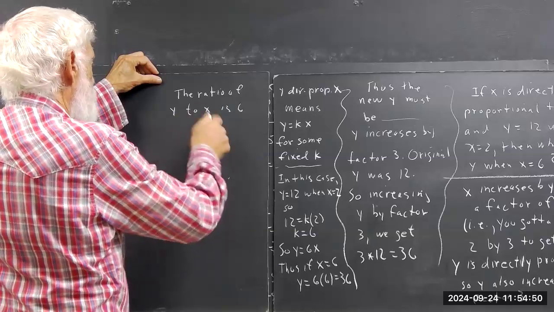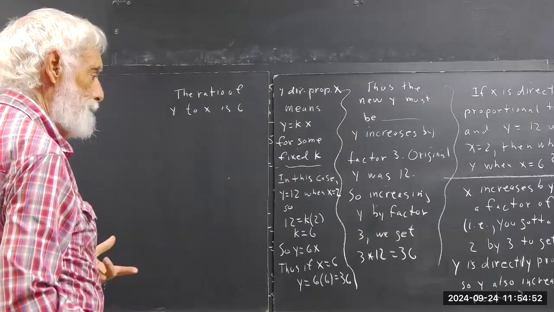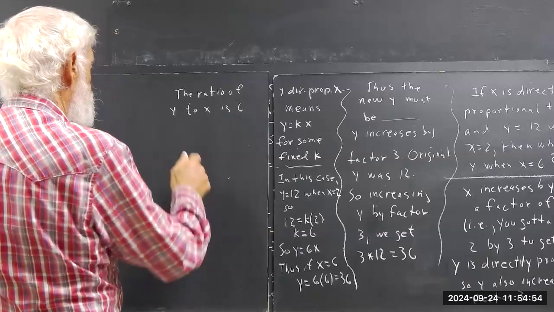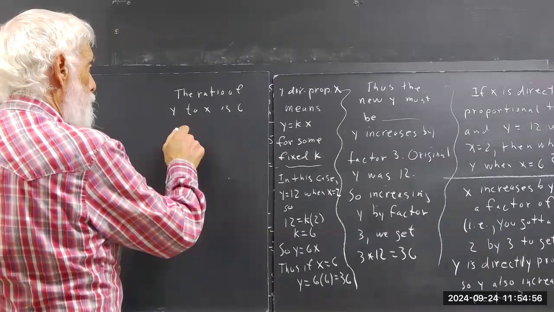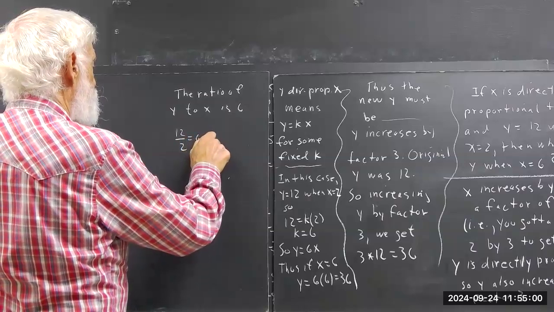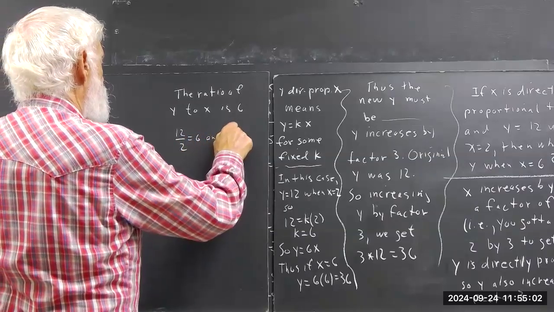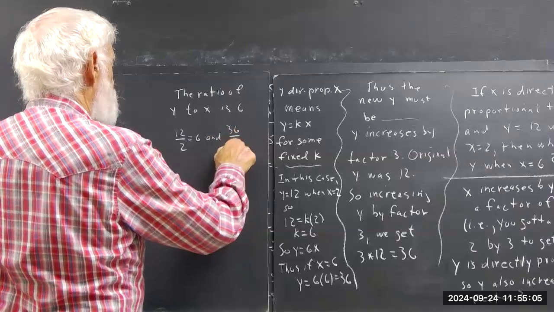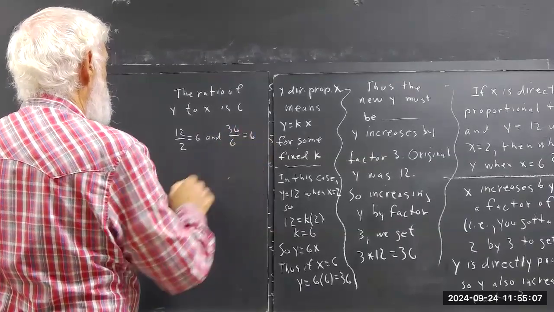You can also say the ratio of y to x is 6. Okay. 12 over 2 equals 6. 36 over 6 equals 6.